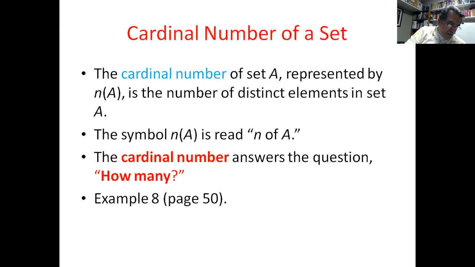If you look at your textbook, please, you can see that the first one talks about a set A that has elements 7, 9, 11, and 13. What's the cardinal number? How many elements are in that set? 7, 9, 11, and 13. So the cardinal number is 4. Maybe if you need to see that, I can show it on the board.